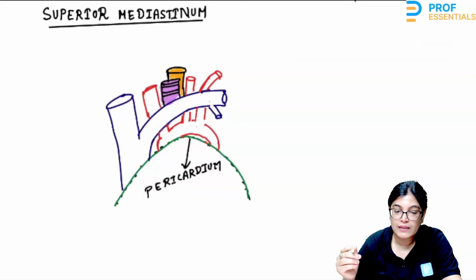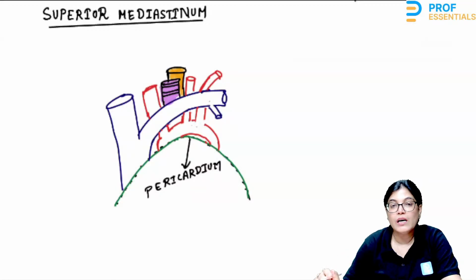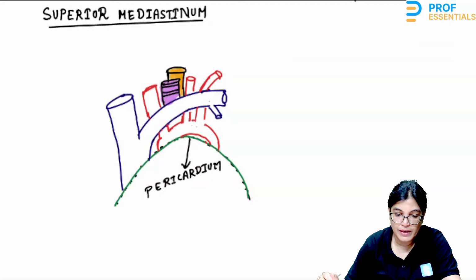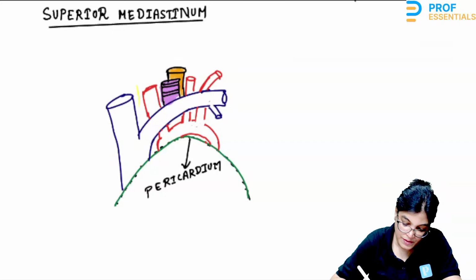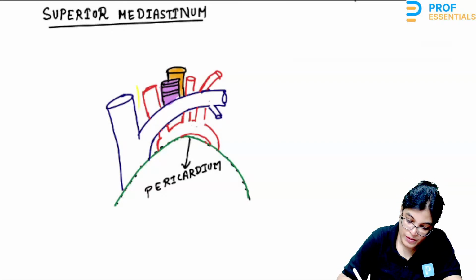And I would also like to draw the nerves. So I would like to draw the recurrent laryngeal nerve and the vagus nerves. We can draw the right and the left vagus nerve.